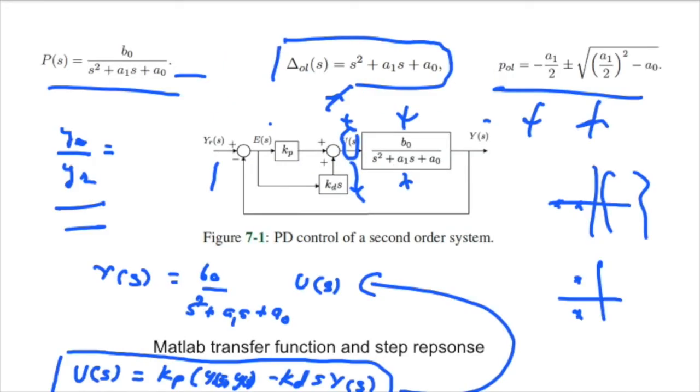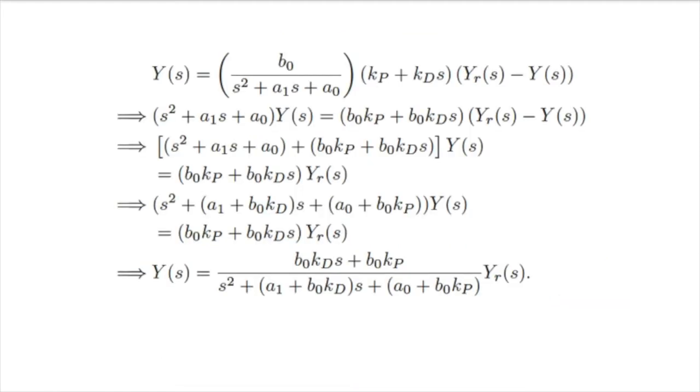So it's YR minus Y. That will be clear here. All we have to do now is separate the YR and Y terms, and the new ratio Ys over YR will be this new transfer function.